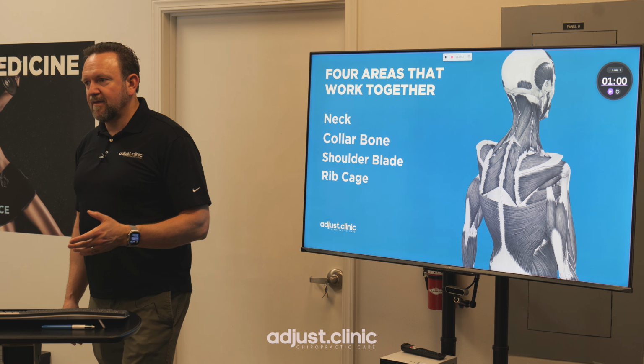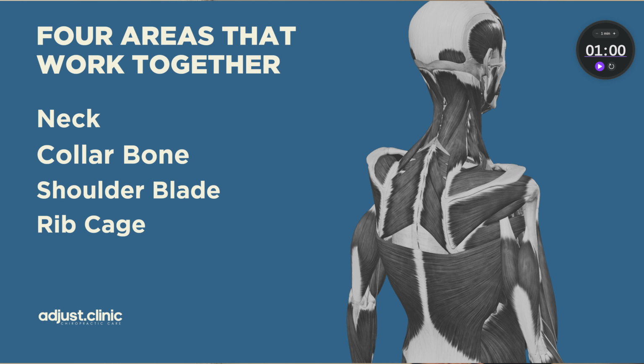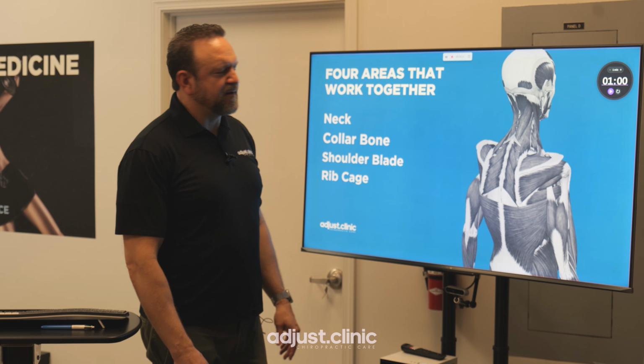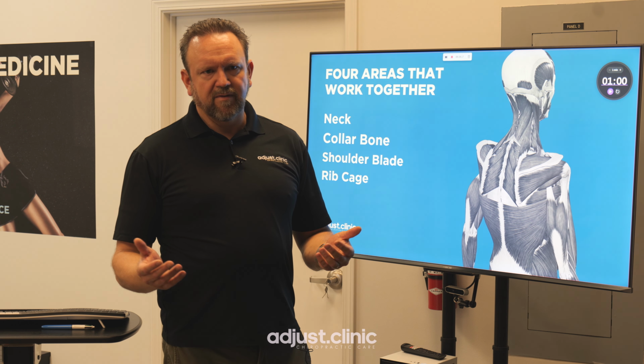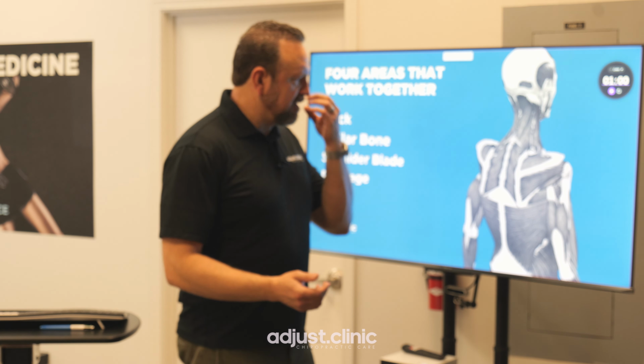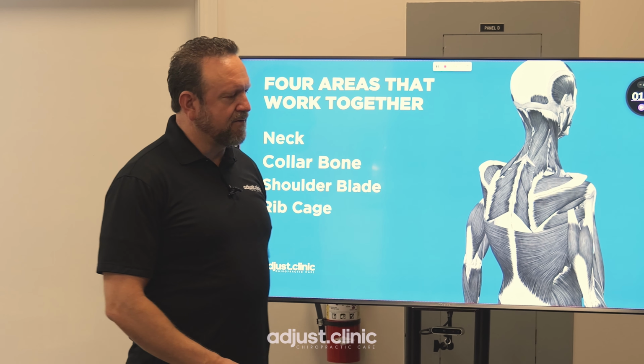So neck pain usually goes hand in hand with shoulder pain. If you have problems in the neck, you'll also have pain and dysfunction in the shoulder most of the time, especially as the injury process goes more through the long-term healing process, or you have chronic pain. Chronic pain in the neck can lead to chronic pain in the shoulder too.